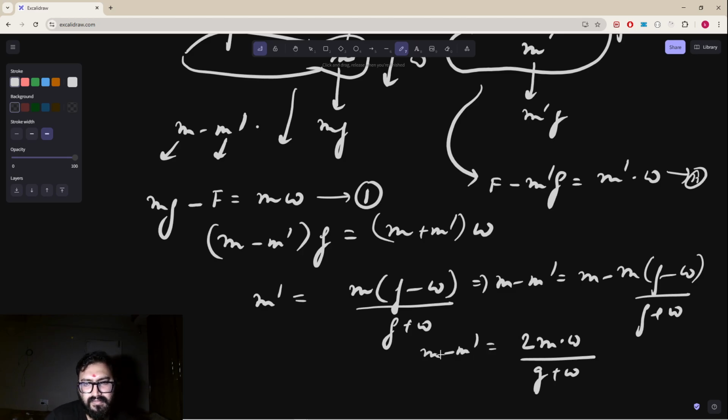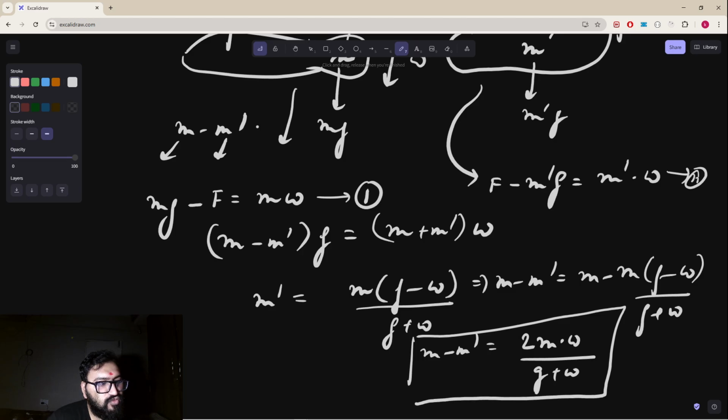Yes, so this is the total mass that needs to be shed by this aerostat for it to move in the upward direction with an acceleration equal to omega. Alright, this is what my problem was. These were the two problems that I solved today. We'll come up with more problems in later classes. Alright, bye.